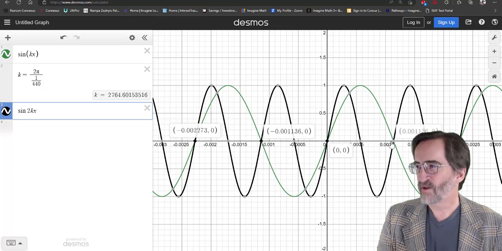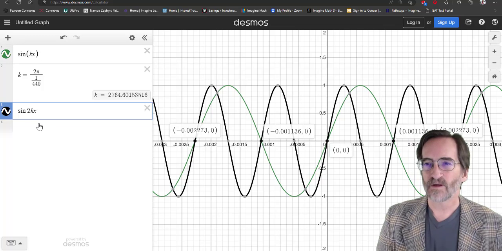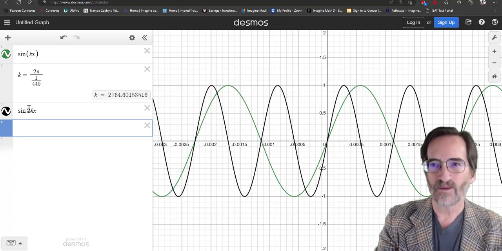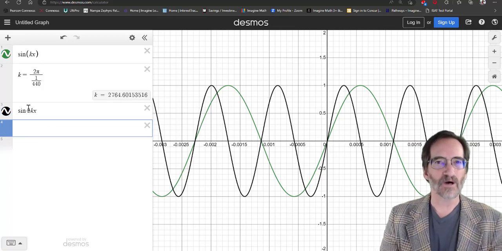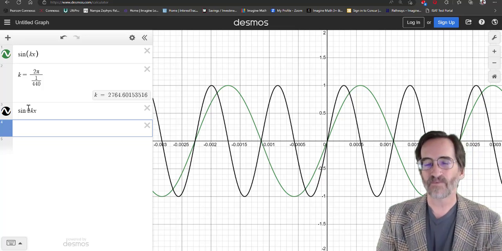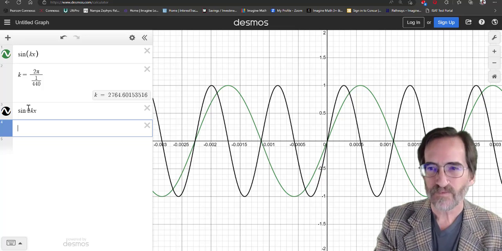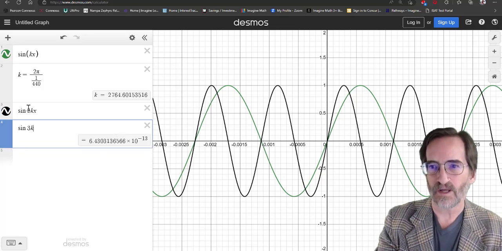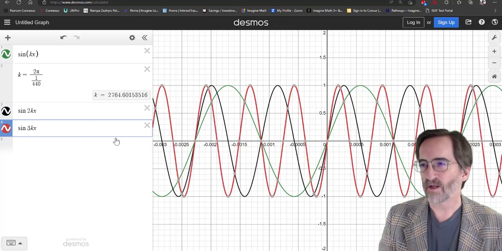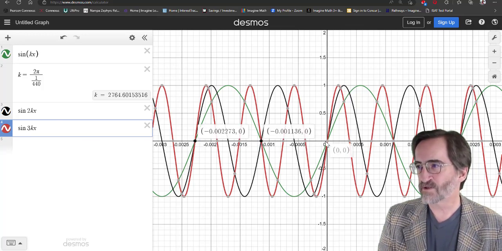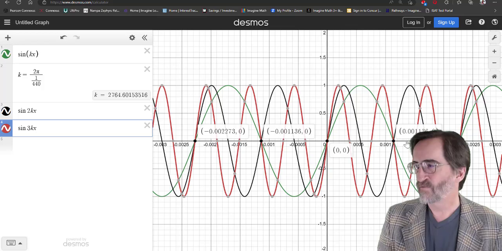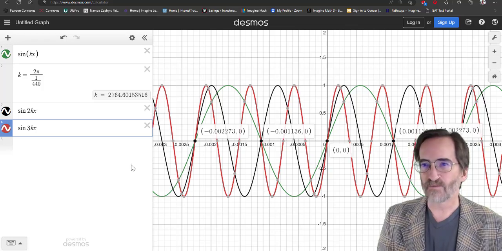That's known as the second harmonic. If I add in the third harmonic, in which the period is tripled, we get sine 3kx. Again, notice those 0 points on the original function are still preserved. It's still 0, all in the same places.